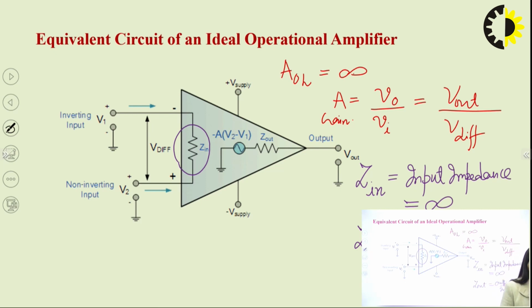These are three main considerations which we should always remember while dealing with op-amp circuits. Here is the equivalent circuit of the operational amplifier, which clearly represents Zin, Zout, the difference voltage and the output voltage, plus the DC supply given to the op-amp to work.